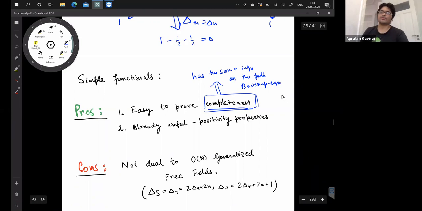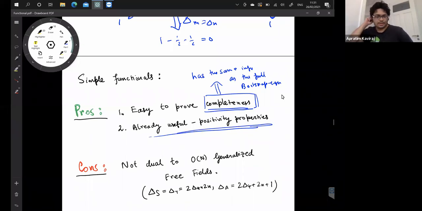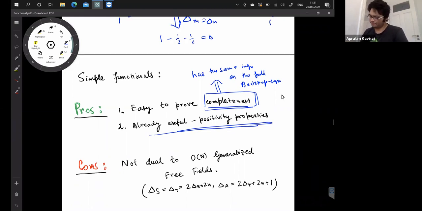So all the information that you have in the full Bootstrap equation is there in the set of simple functional equations. And the second advantage, which is also quite important, is that they're already quite useful because they have nice positivity properties. So they're already good functionals to work with and get nice numerical results.